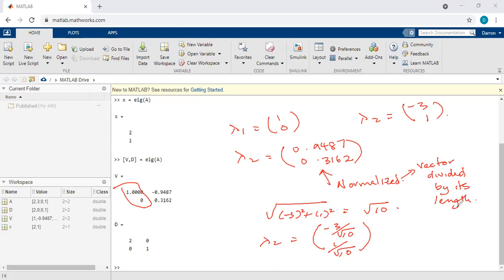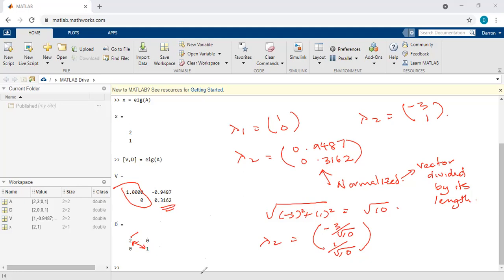So MATLAB is going to give you some numbers that look weird to some. See the eigenvalues here, the diagonal with the eigenvalues, 2 and 1.